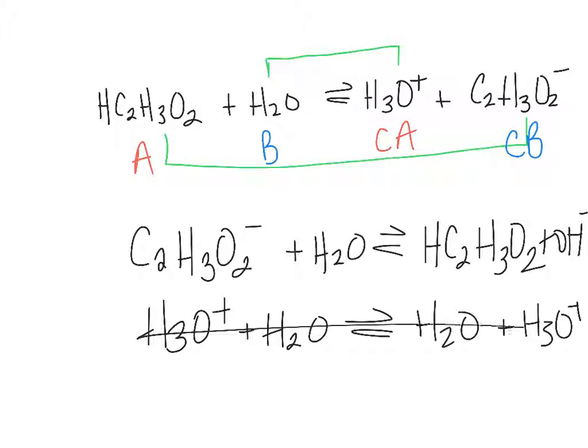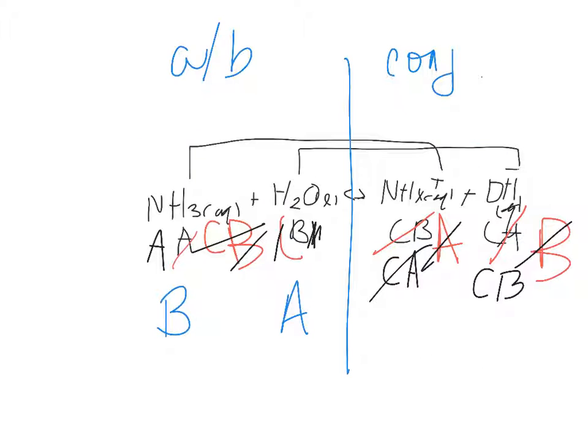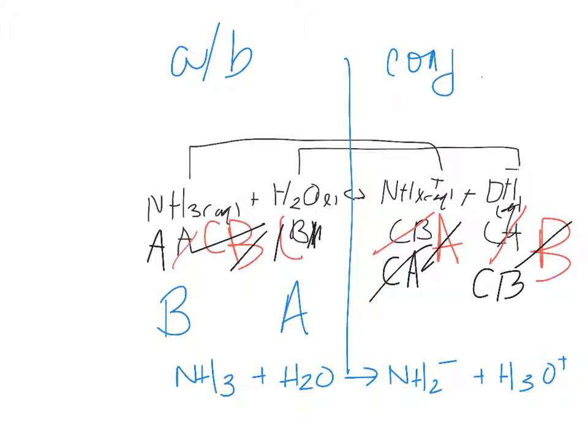Let's do this. H3O plus ammonia. It will give up its H plus. Okay, it will give up its H plus. You could have NH3. It's not very likely.